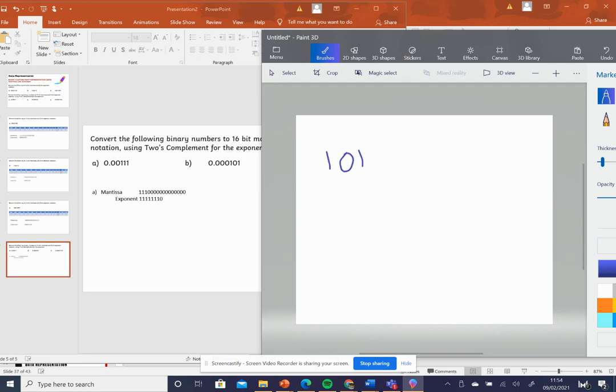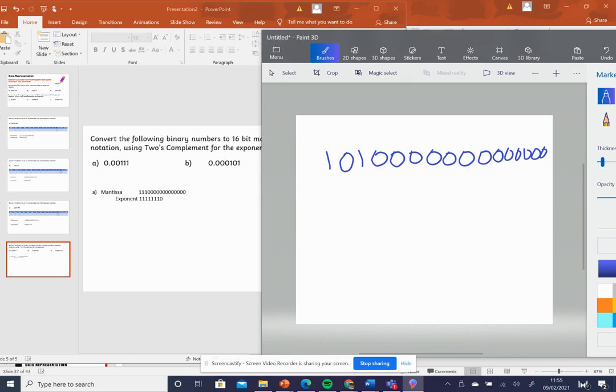So 101, again it's 16 bits, so I need to add on 13 zeros at the end of here. So we've got our 16 values, 1, 2, 3, 4, 5, 6, 7, 8, 9, 10, 11, 12, 13, 14, 15, 16. Make sure you leave enough space for that one. Oh, I didn't need to write them on. Get rid of that. Okay, so that's my mantissa.